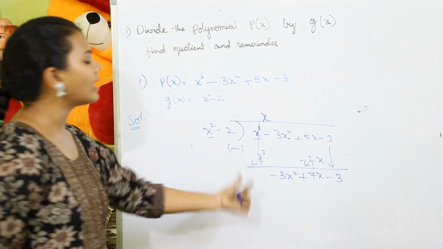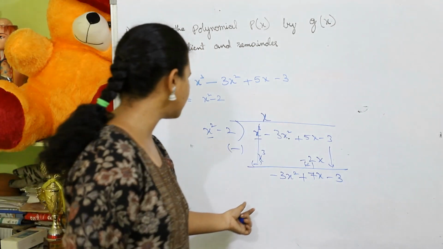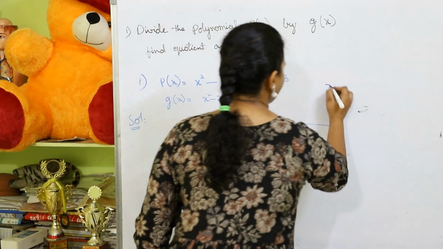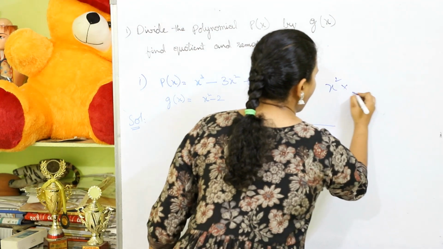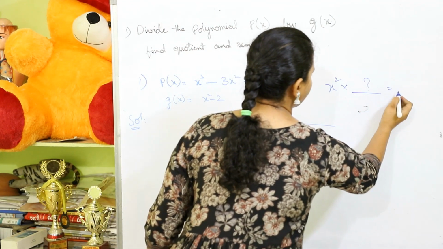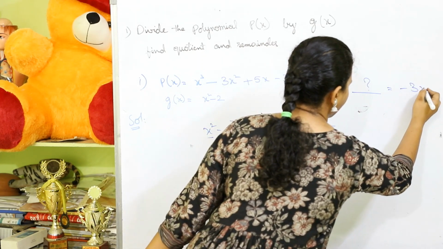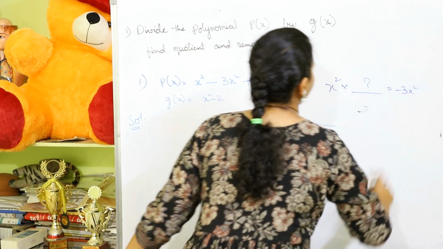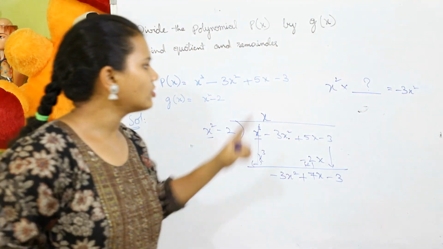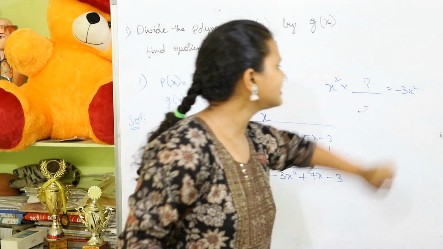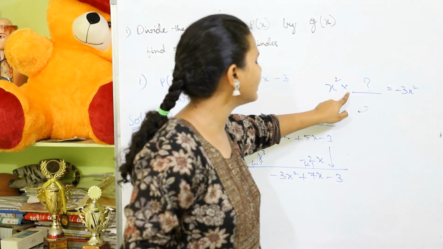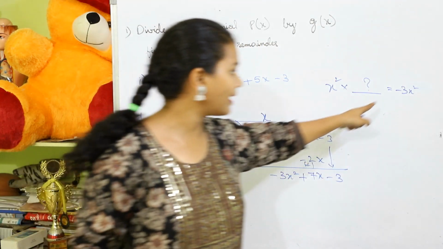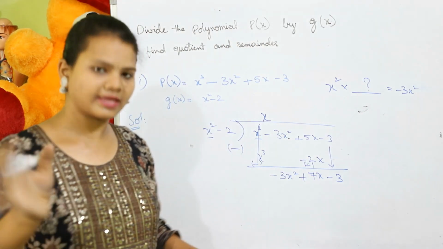Now what do you do? You equate the first term. Consider the first term. So the first term is minus 3x square. Listen carefully till here. You have x square into which variable, or which number should I add, to get minus 3x cube? It's 3x square. Which number should I add over here to get minus 3x square?